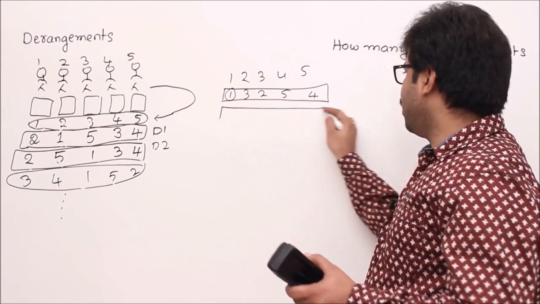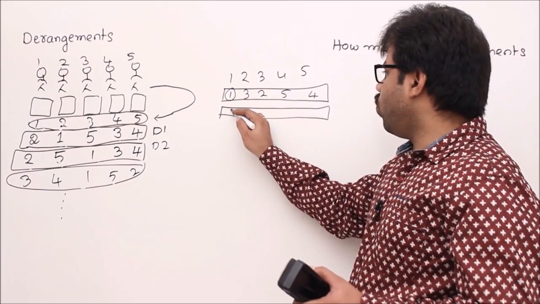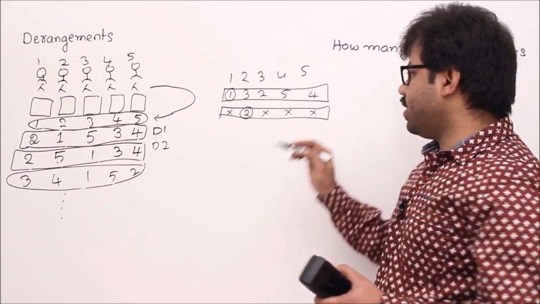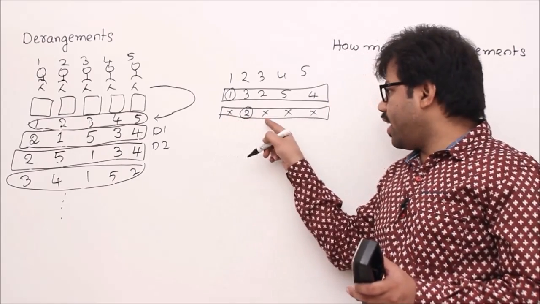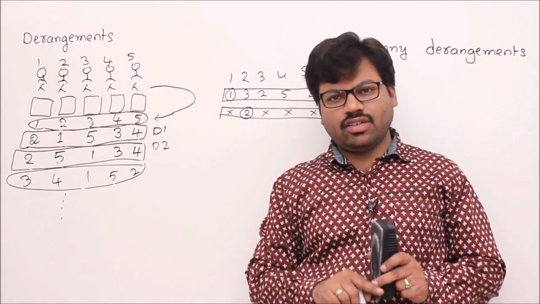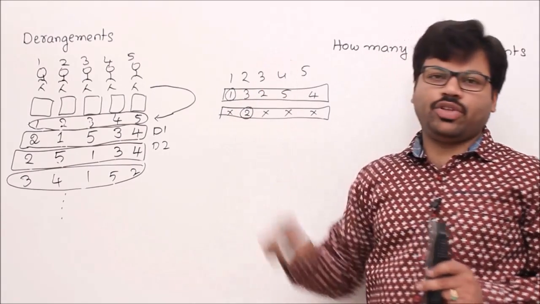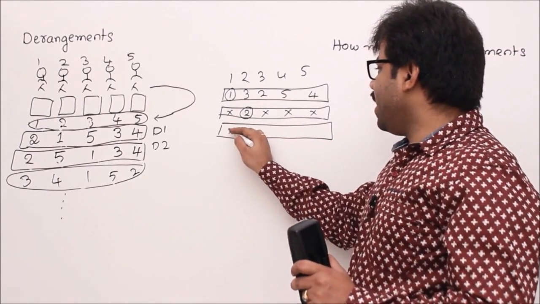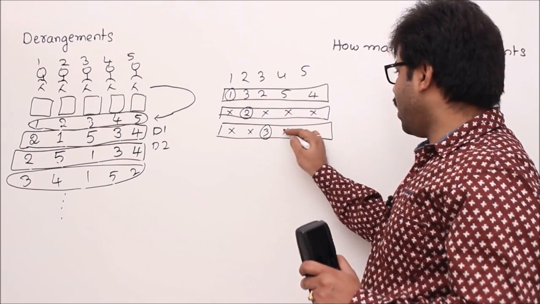Very good. Try this one. 2, and you don't know the remaining positions. However I arrange the remaining positions, definitely this is not a derangement, isn't it? Because 2 is in the correct position. So in that way, any non-derangement is easy to identify, isn't it? I will show you.